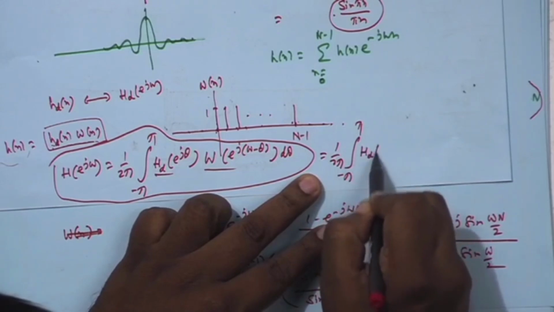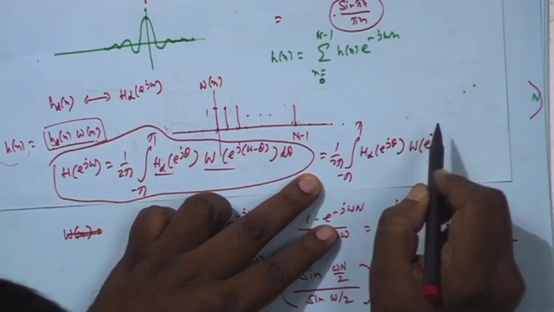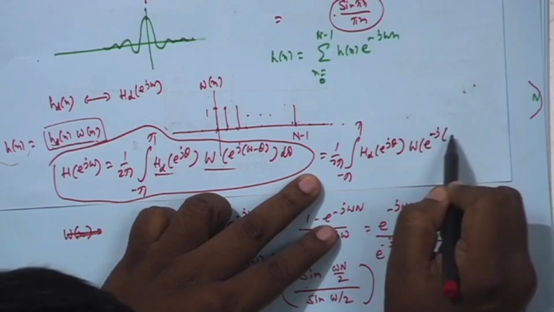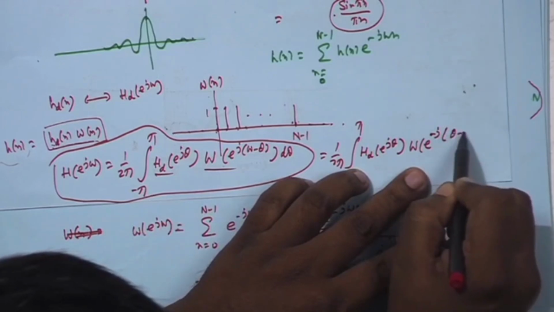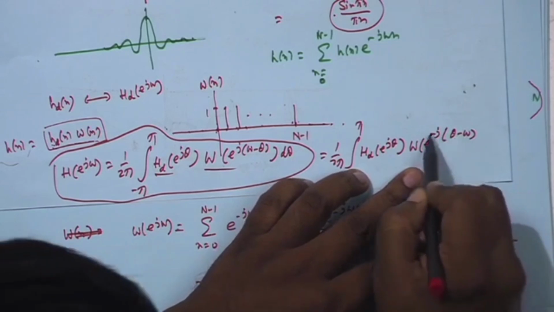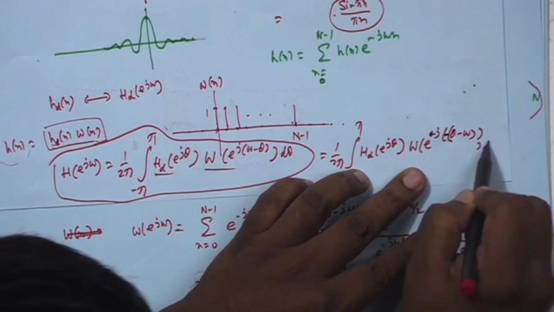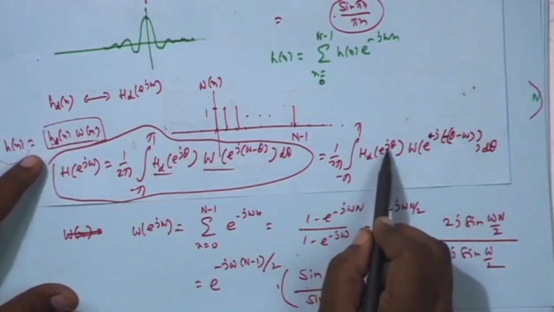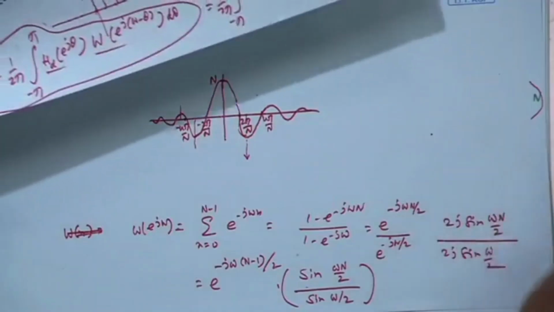So, H_d(e^{j theta}) W(e^{j(theta minus omega)}). What does it mean? How to convolve? H_d(e^{j theta}), this function, you write as a function of theta.